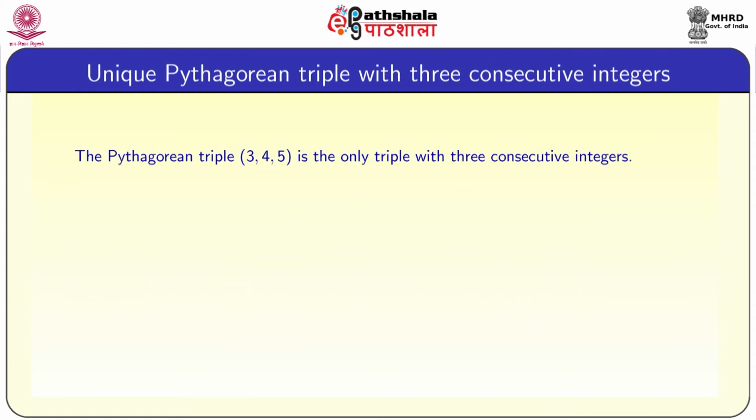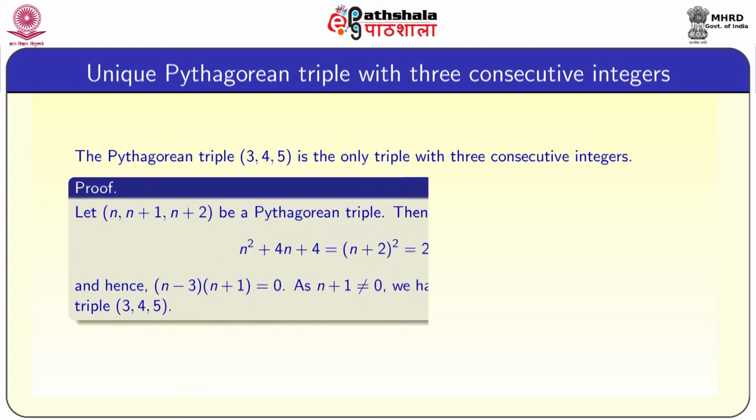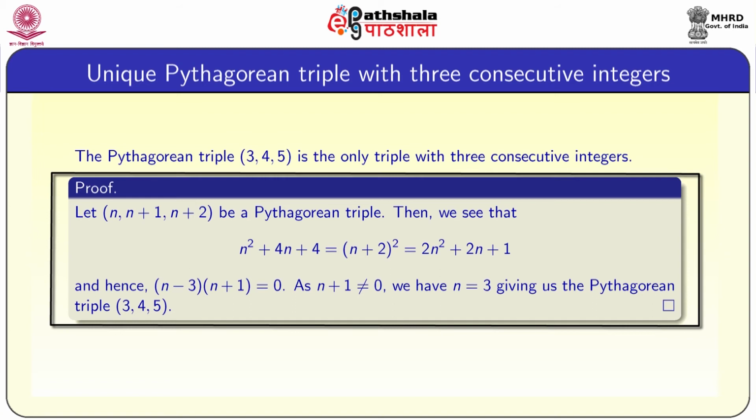The unique Pythagoras triple with 3 consecutive integers. The Pythagoras triple 3, 4, 5 is the only triple with 3 consecutive integers. This proof goes in a similar fashion to the previous result.